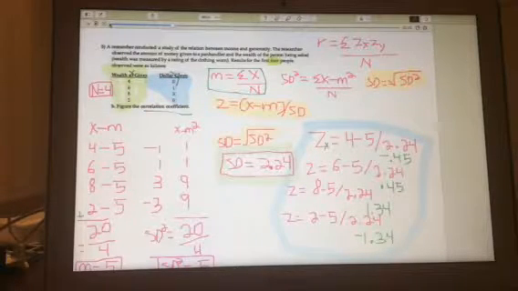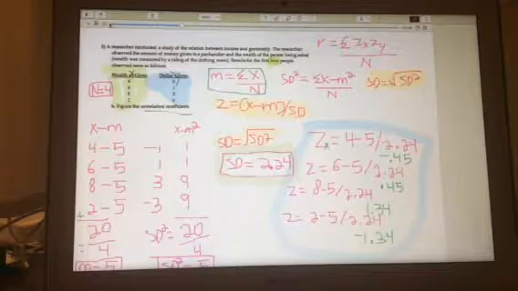Then, following our formula, the next step is to square it. So x minus m squared. Negative 1 squared, we get 1. 1 squared, we get 1. 3 squared, we get 9. Negative 3 squared, we get 9 as well. The next thing our formula tells us is to add all of these. 9 plus 1 and 9, we get 20.